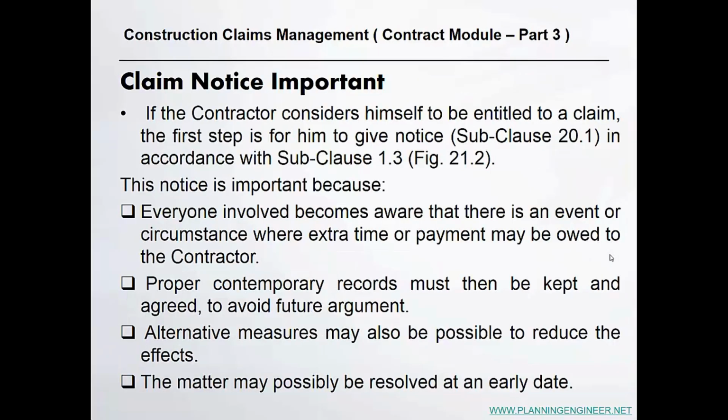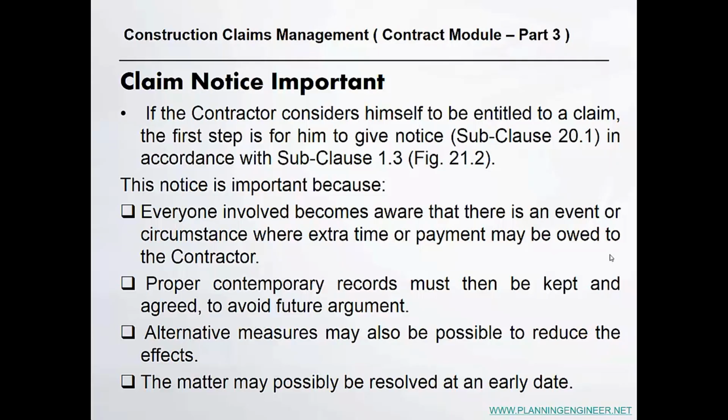Claim notice. The contractor should only consider himself entitled to a claim if the first step was given to the client, and this is sub-clause 20.1 in the FIDIC. So you need to be safe. Don't forget to submit the claim notice. It is very important.